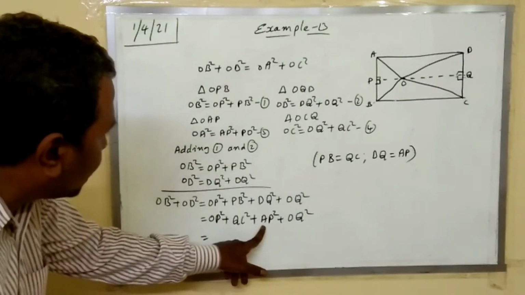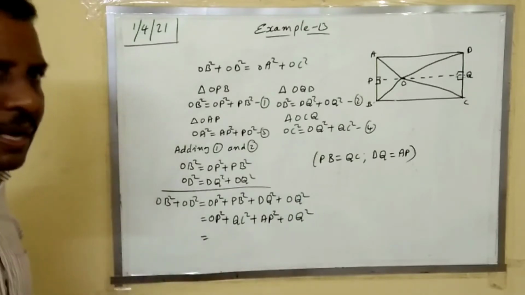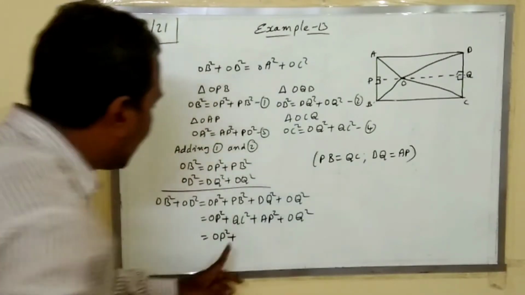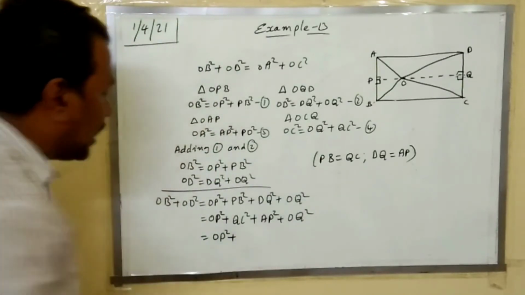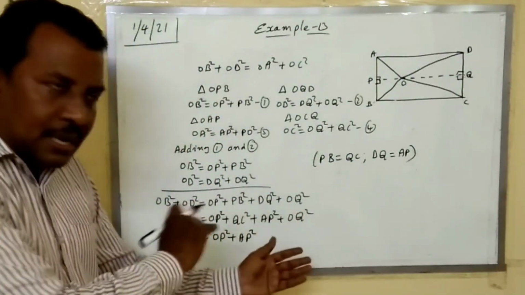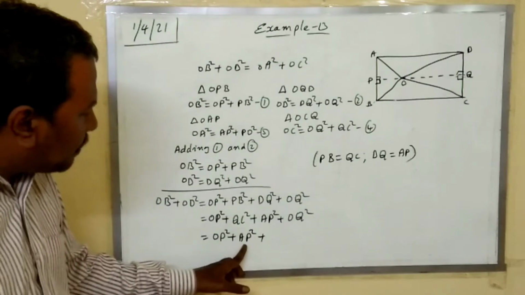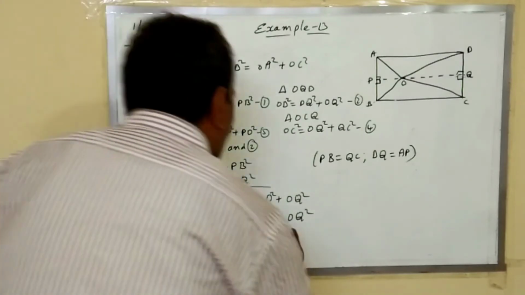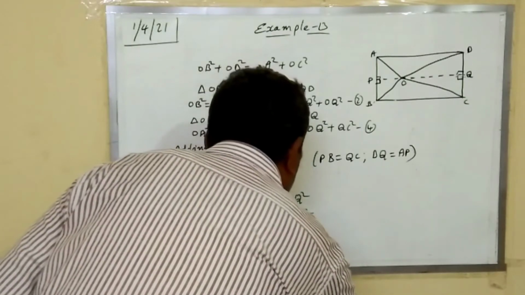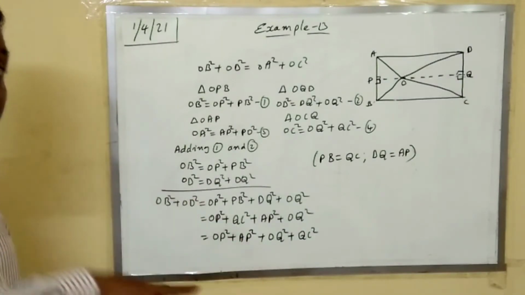Because it is a commutative property, you can even change the order. So I am writing OP square plus AP square, and OQ square plus QC square, just changing the order for our convenience.